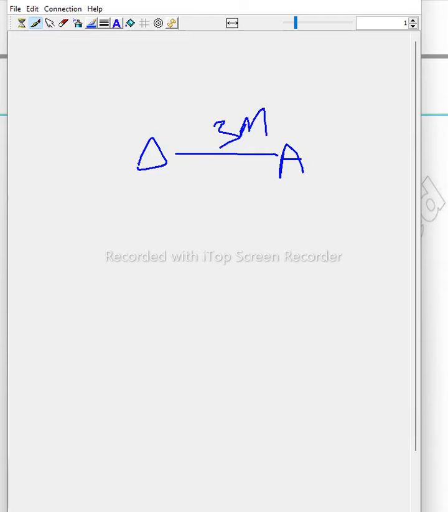The distance between this shape and A is this, and again the distance between this shape and here, let us say this is B, letter B. The distance between the thing here and B is -3 meters. But when we measure from here to here and from here to here, the distance is equal, 3 meters.